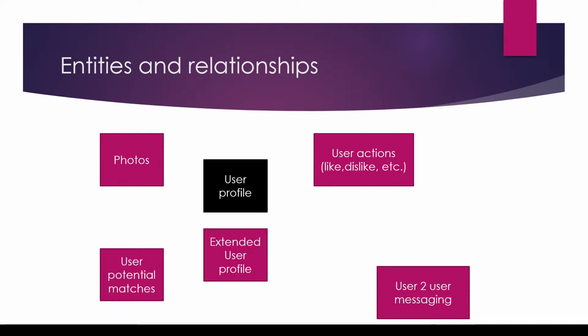Each time somebody does an action, the user performing the action would be the first column. The user on which the action is being performed would be the second column, and we'll store that as one row. And when the second user performs a swipe on the first user, that will be stored as another row.